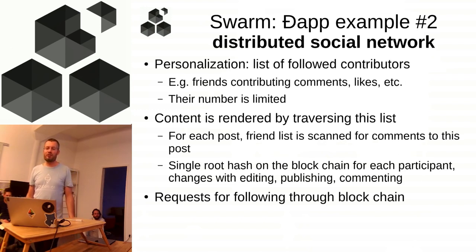So the rendering part in this case needs to be structured in such a way that it traverses this whole list and builds together the DOM of the rendered content in such a way that it collects all these contributions and reconciles them. And for each participant in this case, you need a root hash.